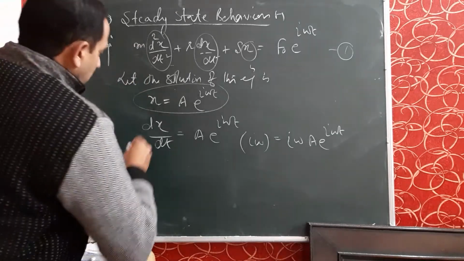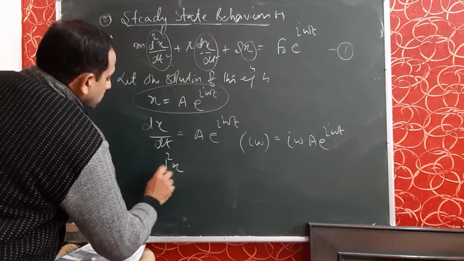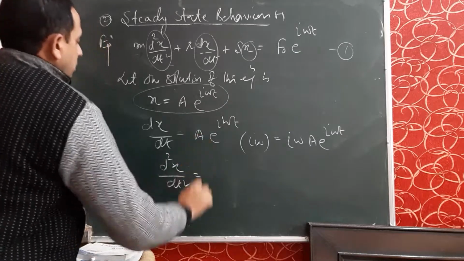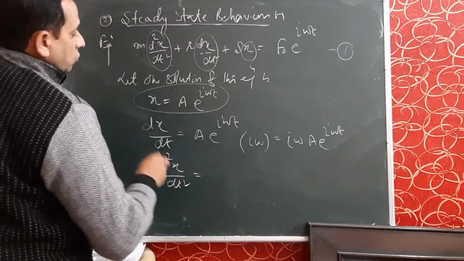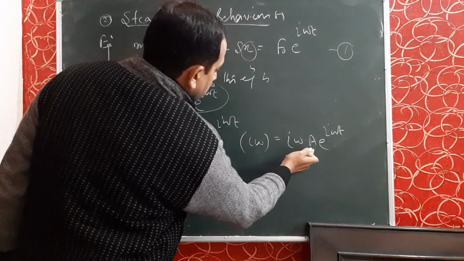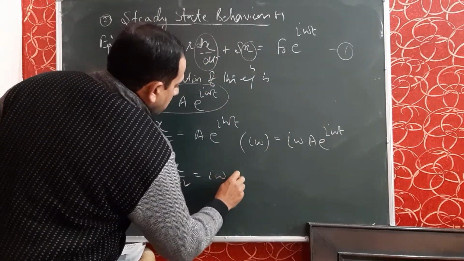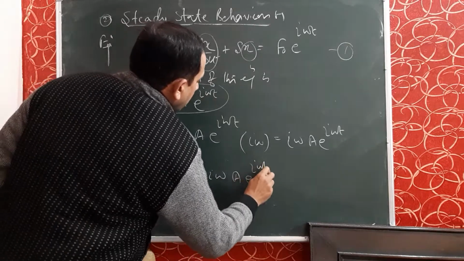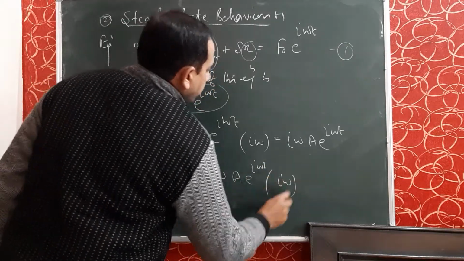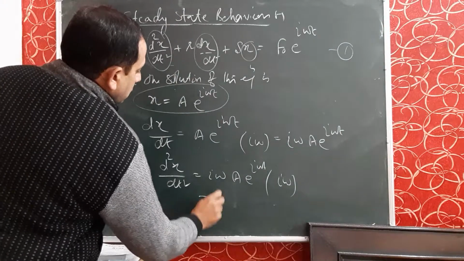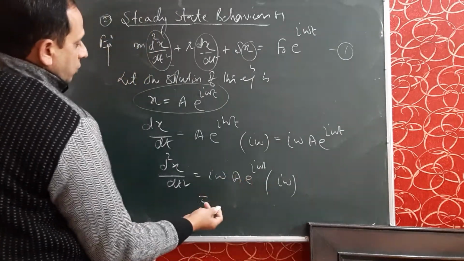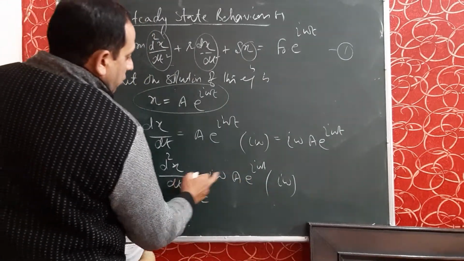Now, again differentiating this equation, we will get d square x upon dt square. So, we take the derivative again, that is iota omega into a e power iota omega t into iota omega again. So, it is iota omega into iota omega, that is iota square omega square. You know that iota square is minus 1.